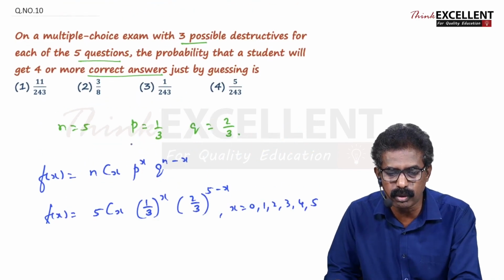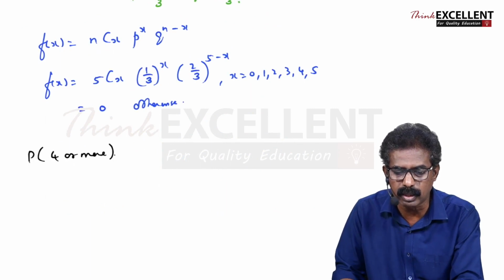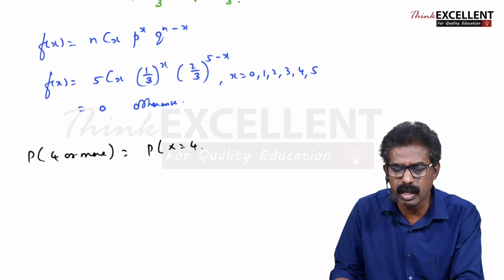The question is the probability of 4 or more. 4 or more means x is equal to 4 or 5, that's all, right?